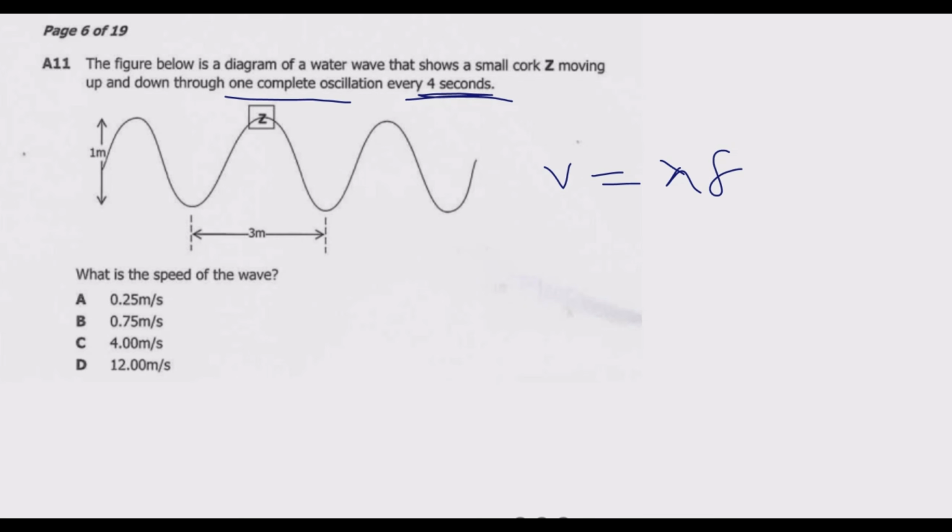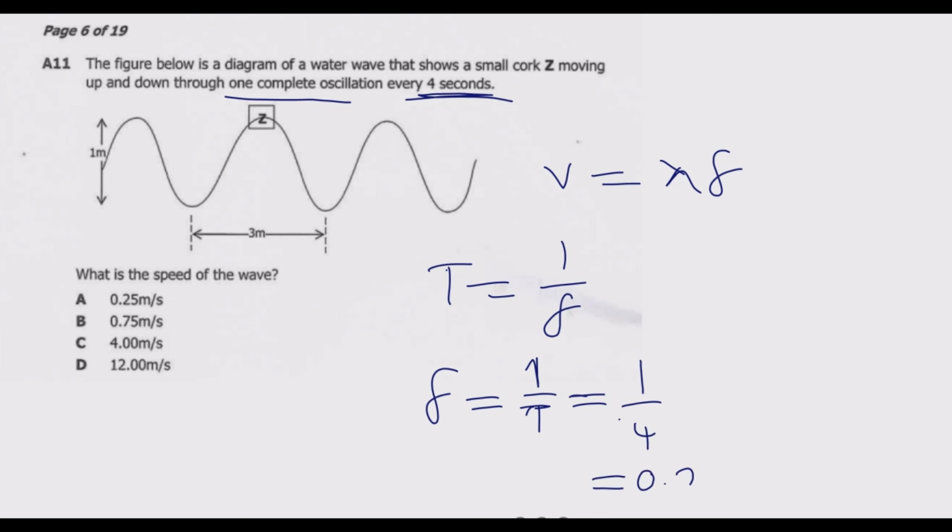So the period for one oscillation is 4 seconds. We know that the relationship between period and frequency is inverse. So to find frequency is just 1 over period. The period is 4 seconds, so we have 1 divided by 4 seconds, then we have 0.25 hertz as the frequency.